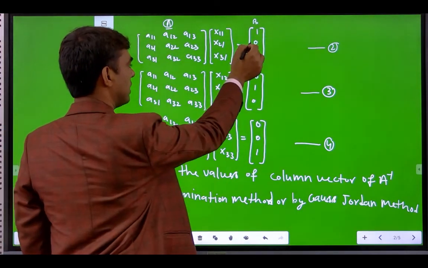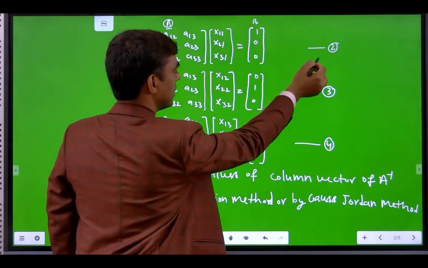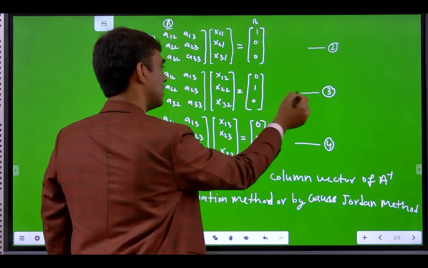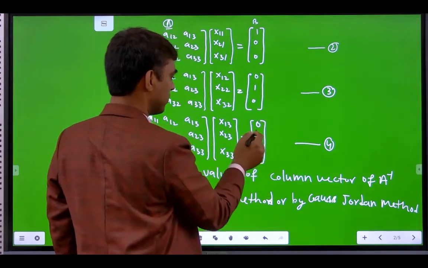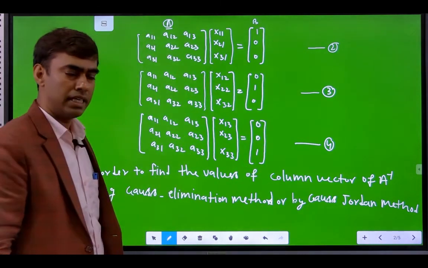The first column of I is the right-hand side of the first system of linear equations, the second column is the right-hand side of the second system, and the third column is the right-hand side of the third system.